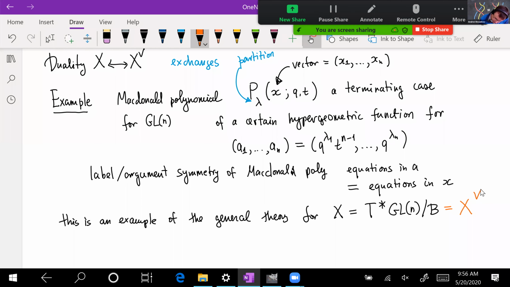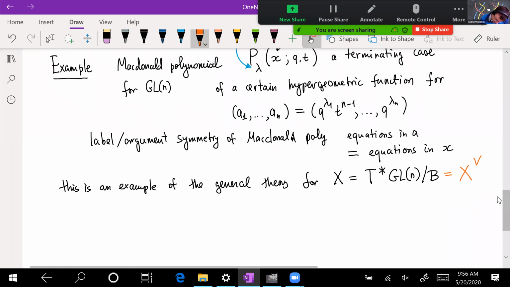So this is the kind of thing that we would like to understand, but more generally. But maybe I'll explain that in this particular instance, these Q-difference equations, there are many ways you can think about them. Macdonald polynomials are ubiquitous, and there are many ways you can think about difference equations for them.